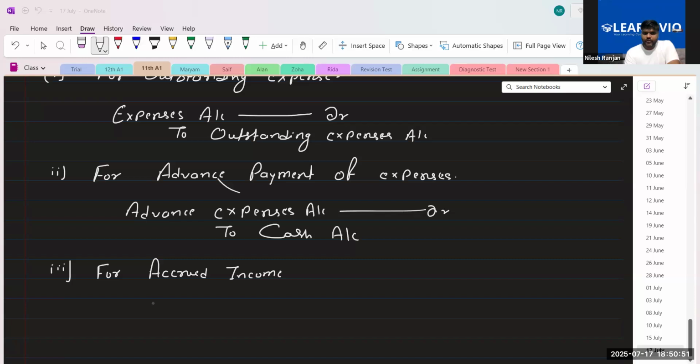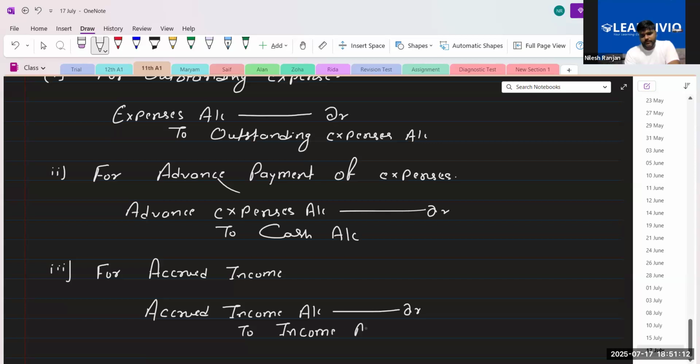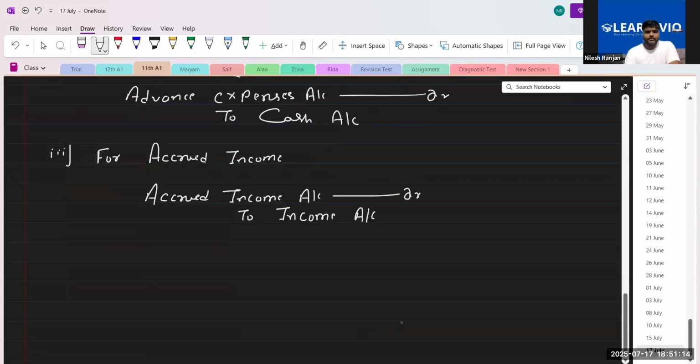It will be accrued income account debit to income. Then entry number 4 for advance income.